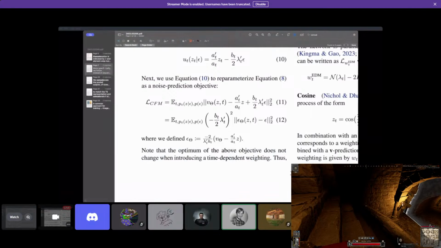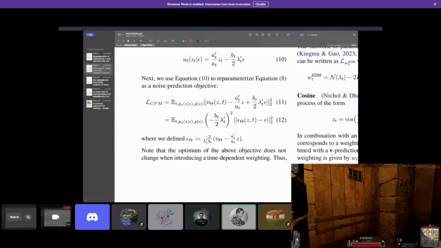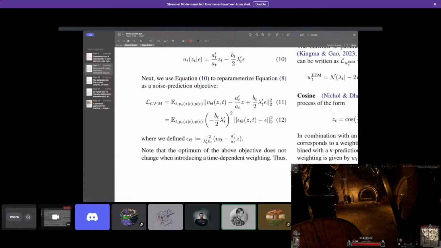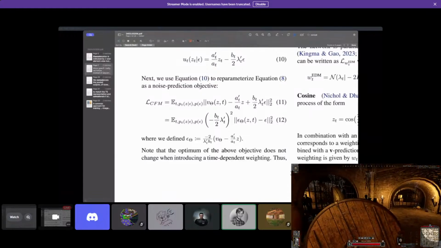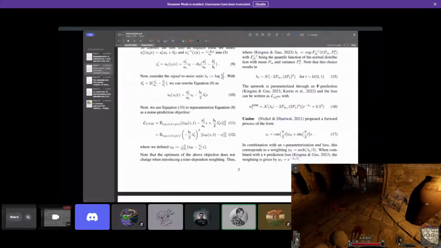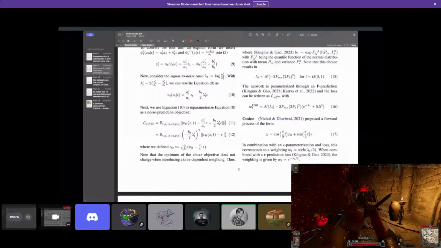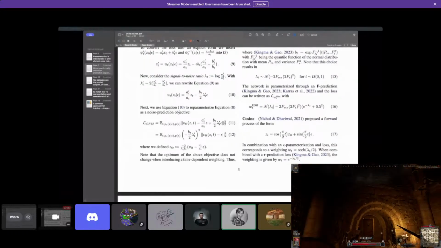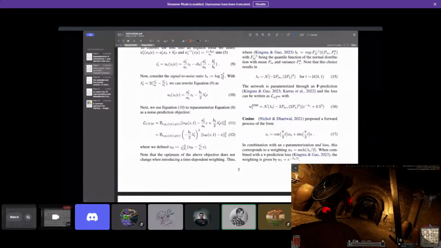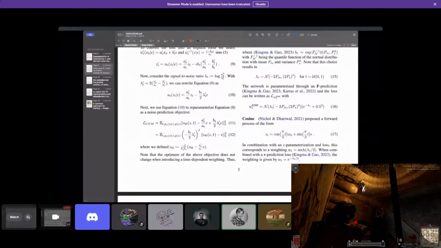It's also in general more stable, and it has the advantage that you never have to involve any kind of ODE solver or solving system at all. It's literally just that you have something which you can simulate by noising, and then you directly try to match that simulation with a neural network.